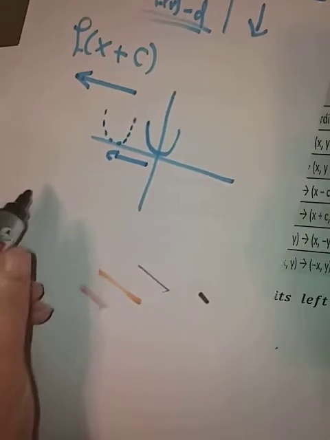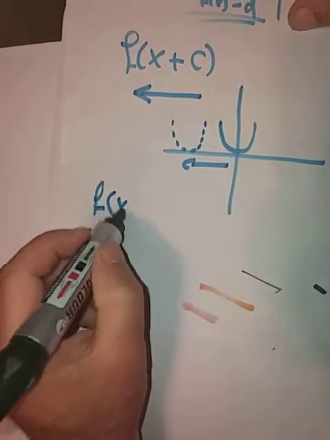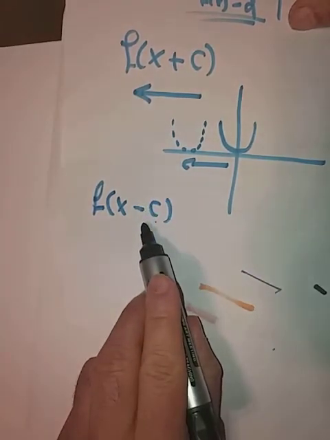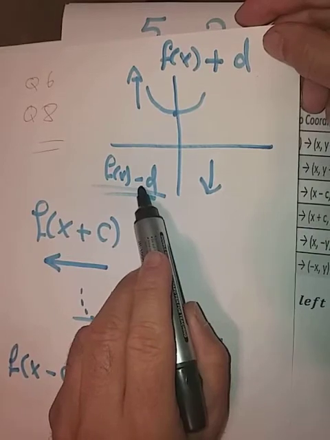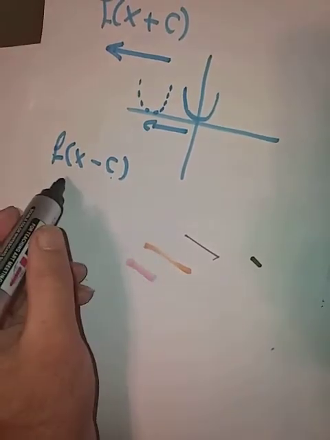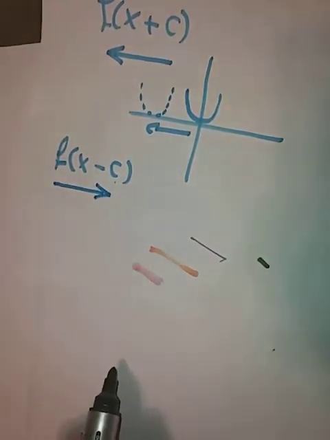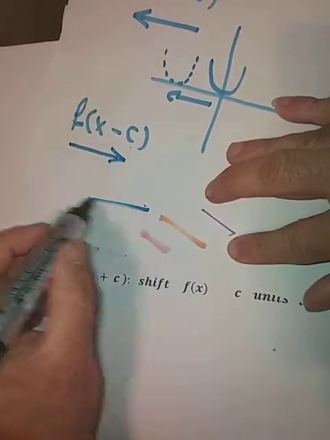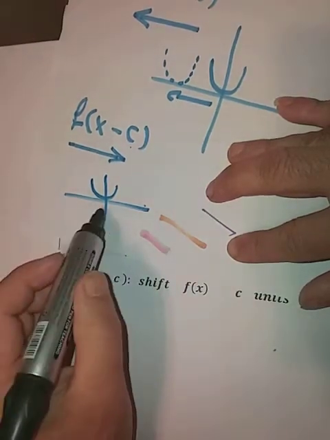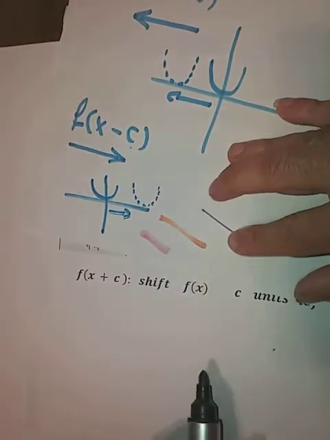If you have minus, the number inside the bracket, not outside the bracket, then we move to the right. This parabola, we shift it to the right. Okay?